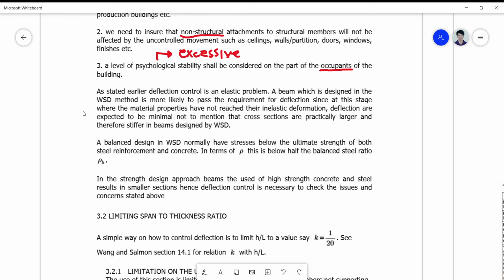Because the WSD method will give you larger sections than the strength design method. That's why this method is safer in terms of deflection. Okay, so this is better in terms of deflection.